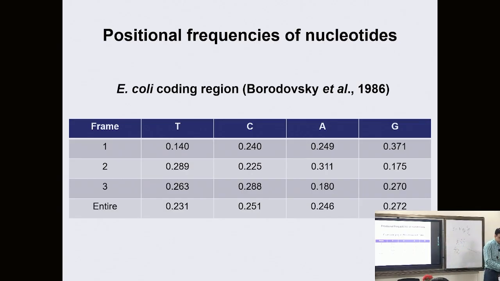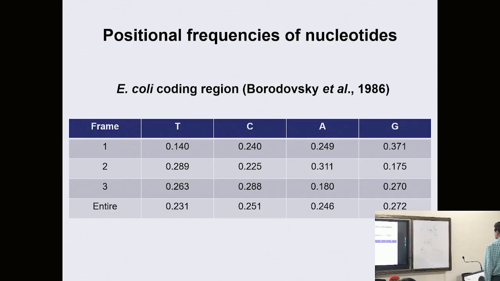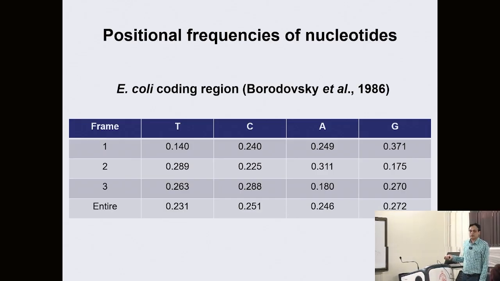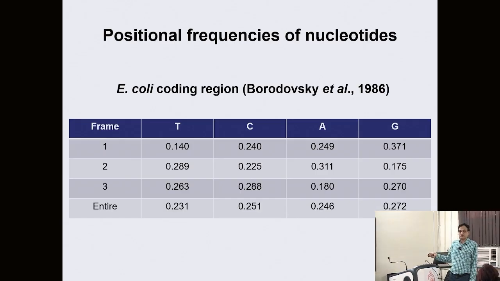So at position 1, there is an abundance of A or G, because of the abundance of R and Y codons in the coding sequences. So which is reflected here.